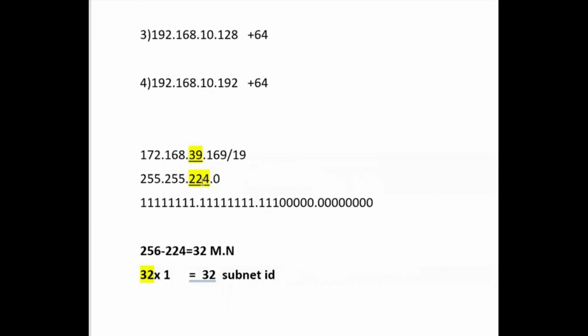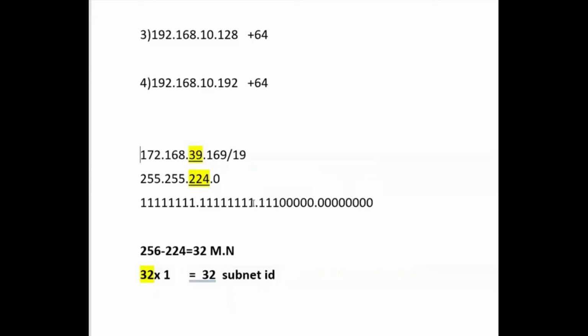So what does 224 mean? Then you do the binary, because if you do the binary, it will be clear. So all 8 ones, 8 ones, and then 111. So 224 means 111, and the rest 0.